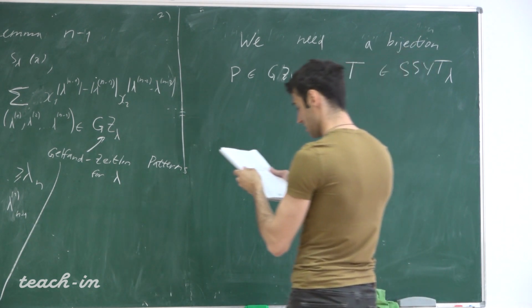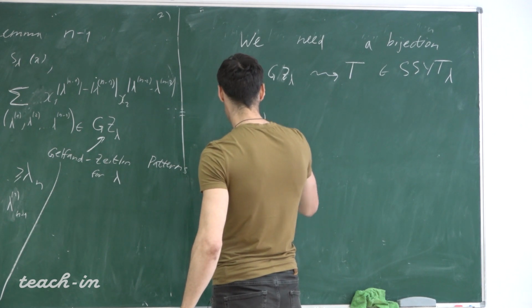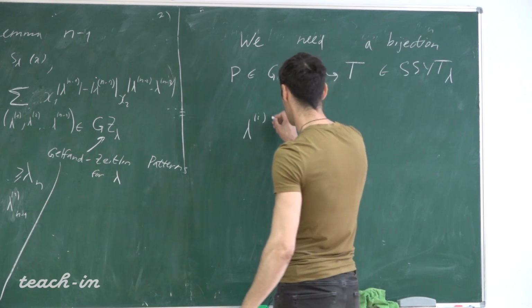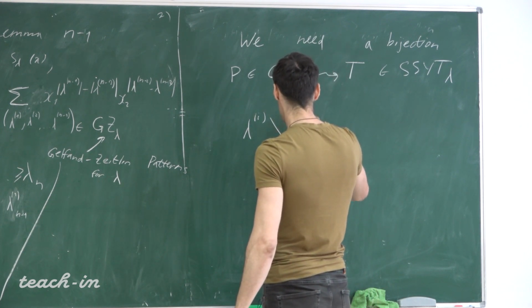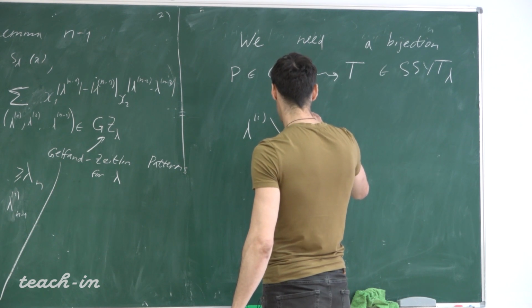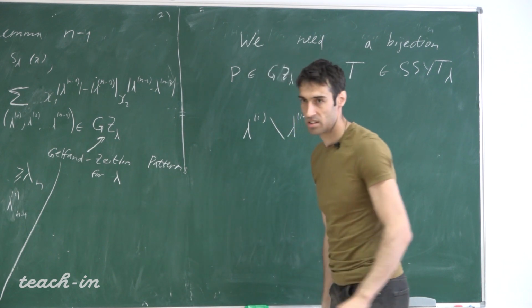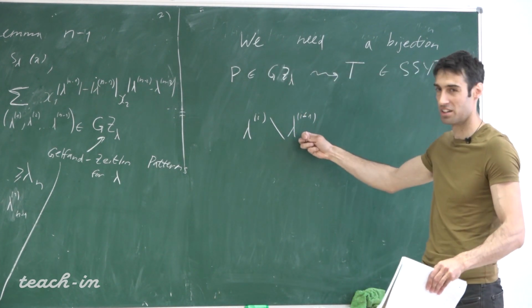I take lambda i as a Young diagram, and remove all boxes corresponding to lambda i plus 1. This will be some number of boxes that didn't fit in here.